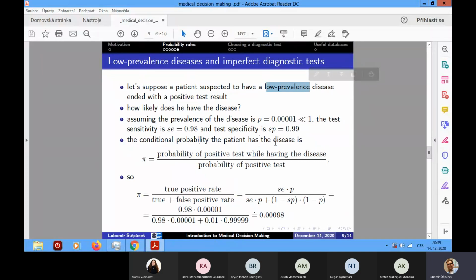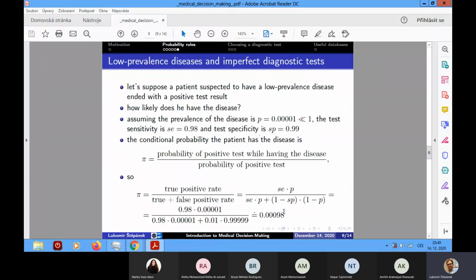It's a very, very low prevalence, so it's a kind of rare disease. Supposing it's a rare disease, and supposing that he got the positive result of the test, there's a very, very low probability that, regardless of the fact that he got the positive test, he also got the disease.